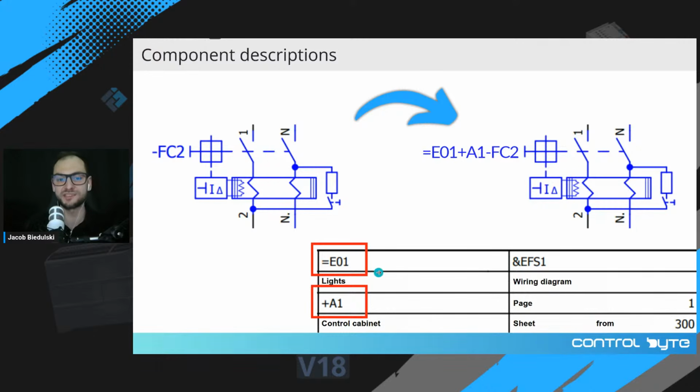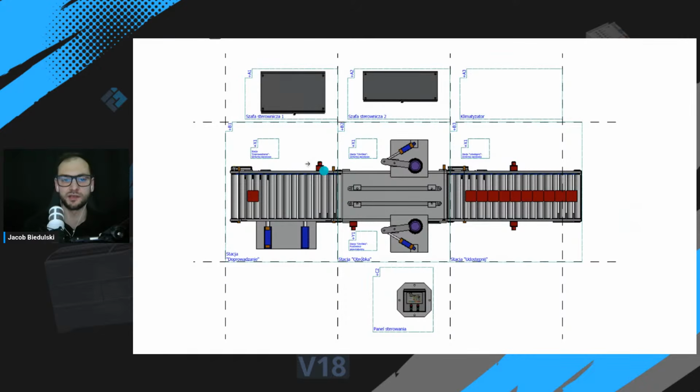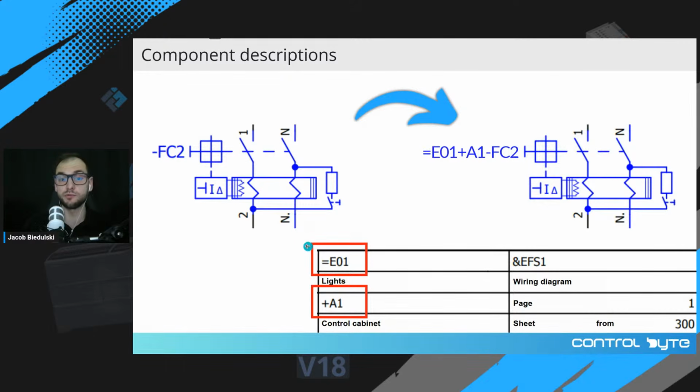It can be, for example, function of the infeed conveyor, processing station, output conveyor, or something like this. Or simply it can be designation, for example, for power section or for control section, low voltage 24 volts section for the PLC.